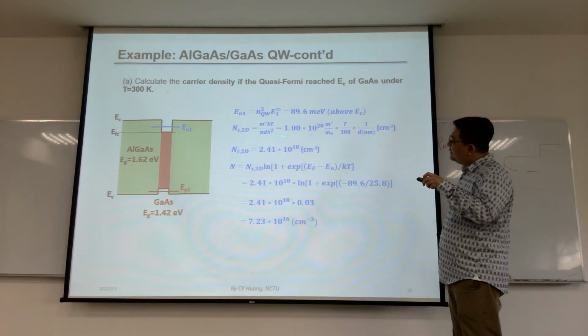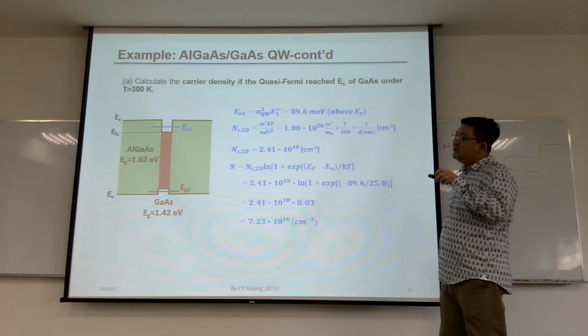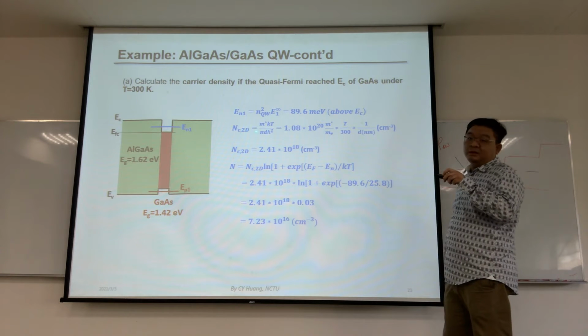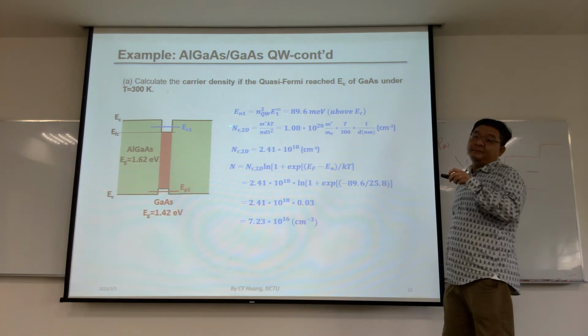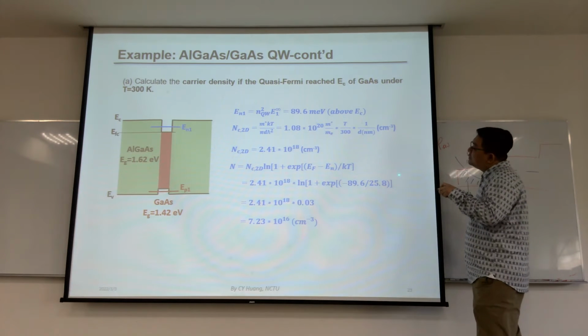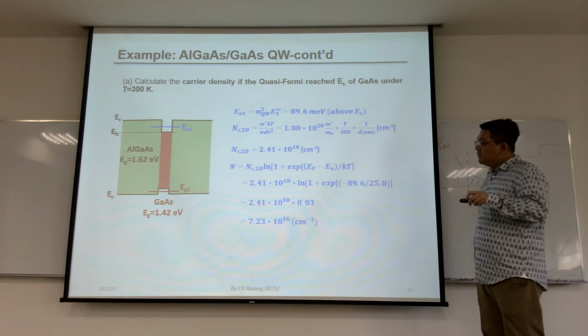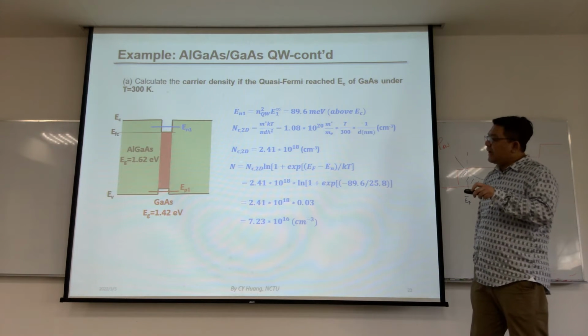So you see, if the effective mass is high, the NC2D will also be higher. Then, in order to reach the same EF minus EN, you need also a higher carrier density.